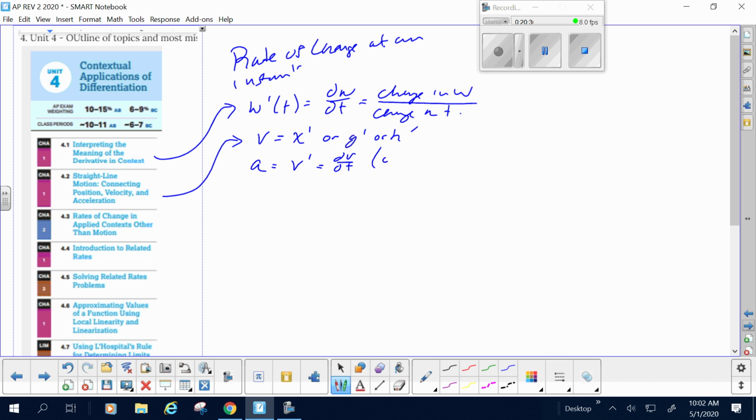It's also the second derivative of position. All right. Speed. Speed is the absolute value of velocity, or the change in position over time without sign in it, kind of thing. It's one of those. And remember, speed is increasing if velocity and acceleration have the same sign.